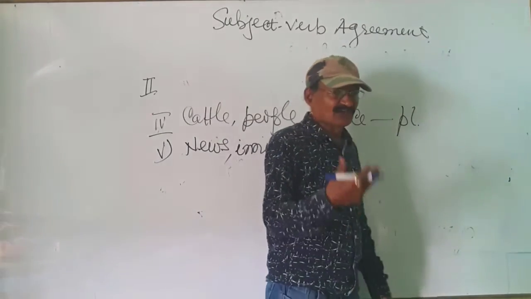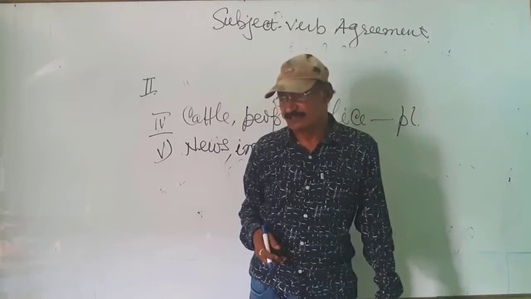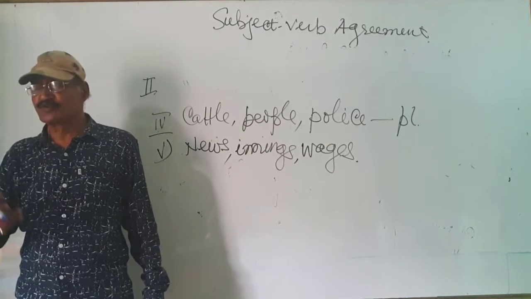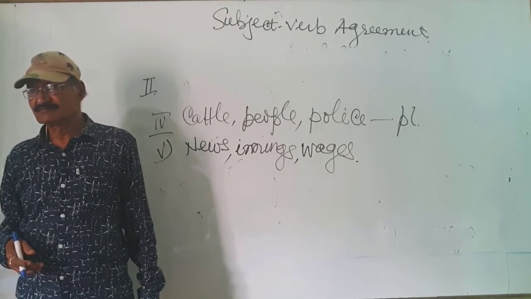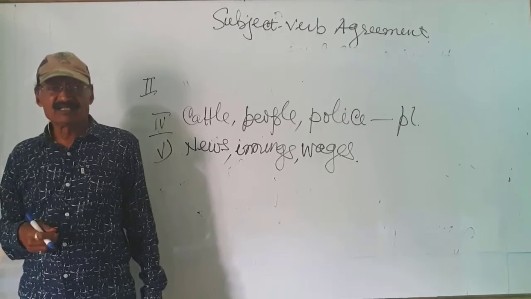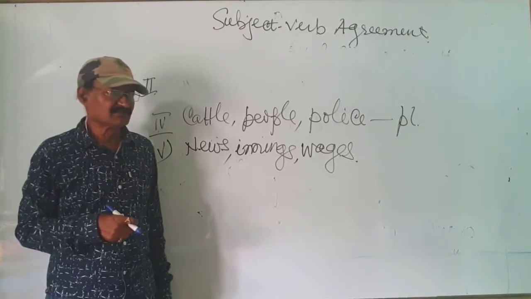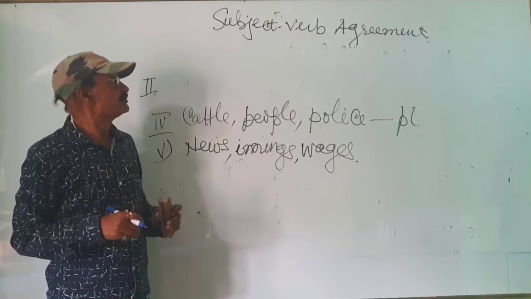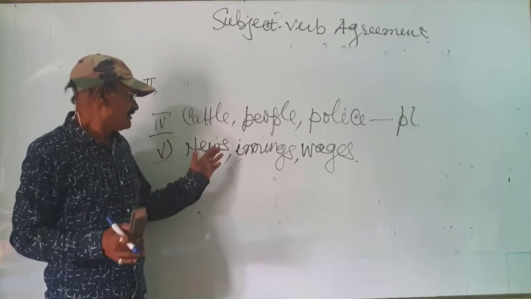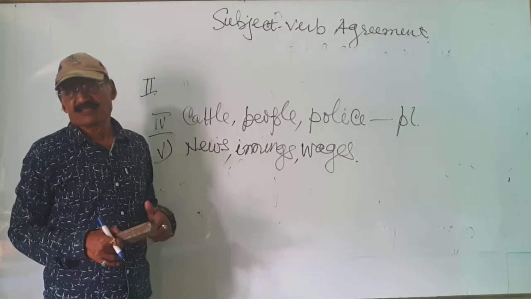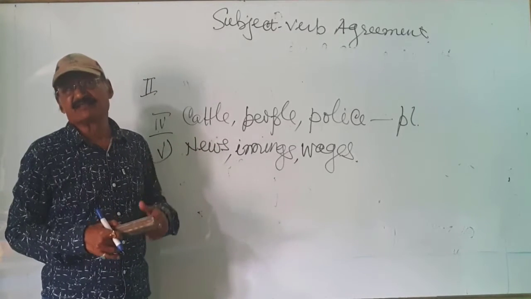All these are similarly used. This news is too good to be true. It means this is false news. This news is too good to be true. The innings of Dhoni is praiseworthy.